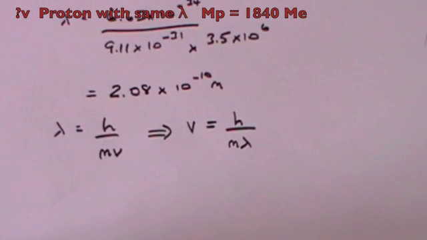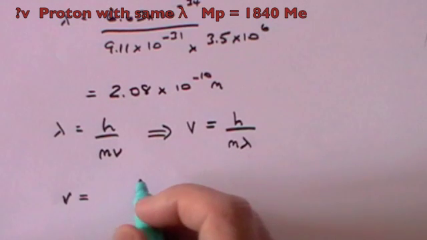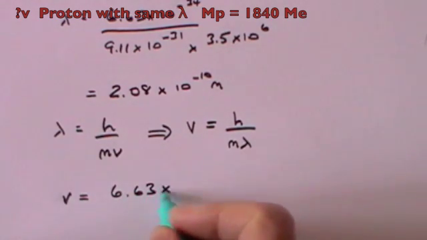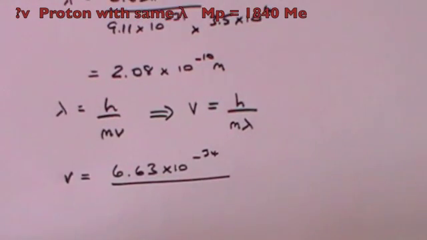And now it's just a case of substituting for a proton this time. So v is equal to h. Well, Planck's constant doesn't change. That's 6.63 times 10 to the minus 34, divided now by the mass of a proton. That will usually be given to you.